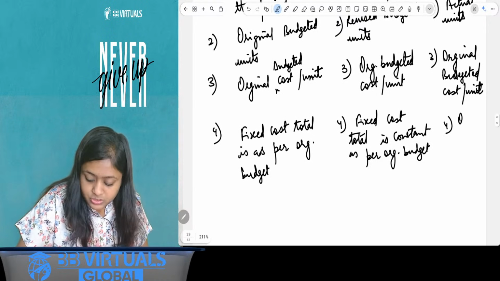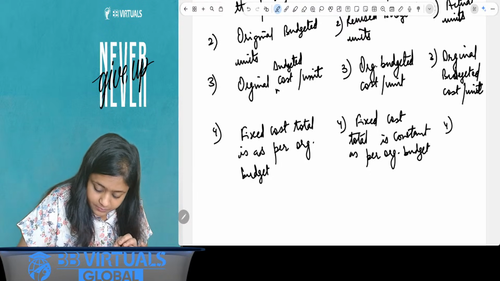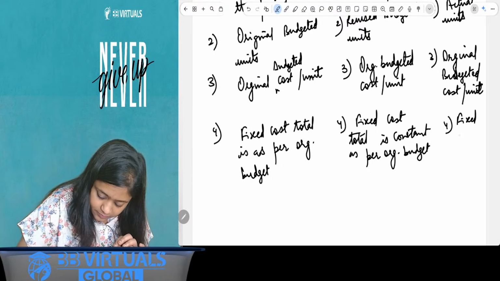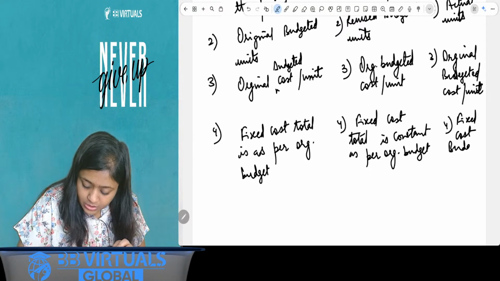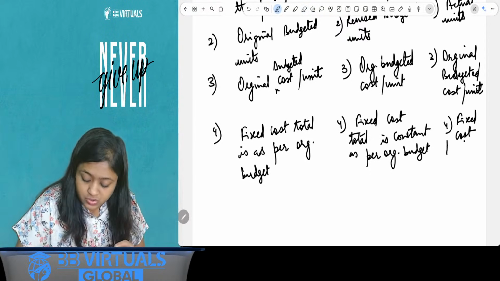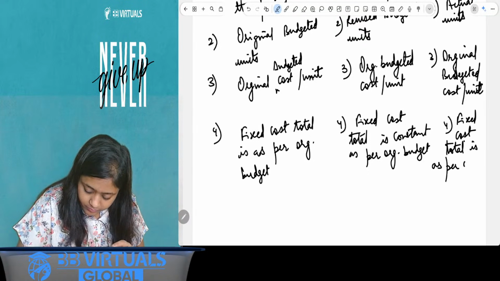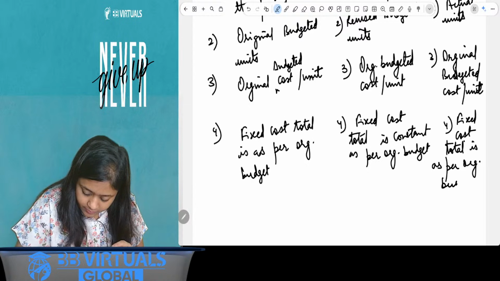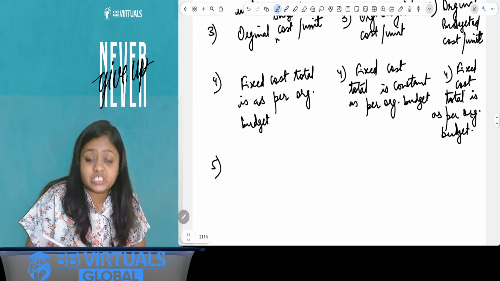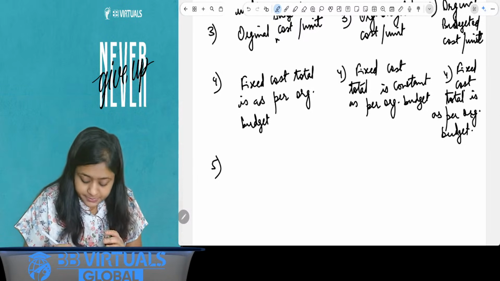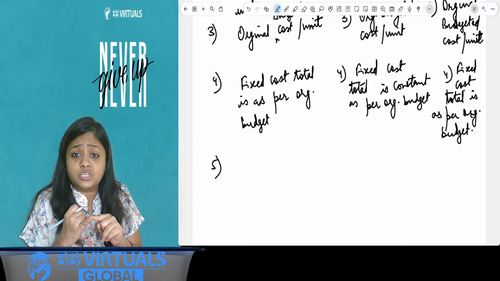So remember guys that this is going to remain same. Fixed cost in total is constant, as per original budget.